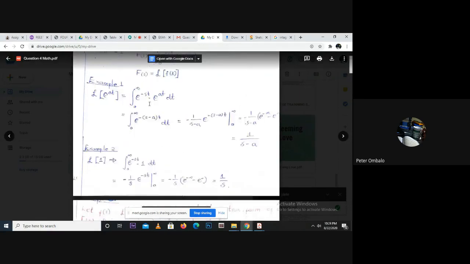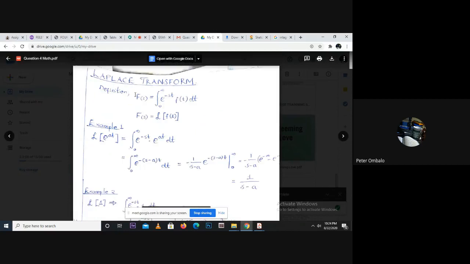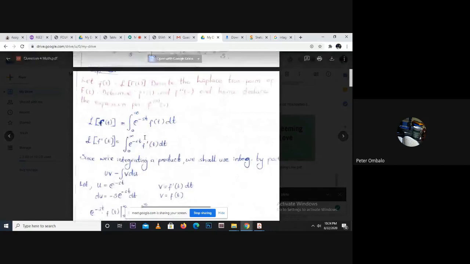Yeah. So these two examples are just to show us that we can get a Laplace transform of any function whatsoever, provided we plug it in our Laplace transform formula. So that's exactly what the first part of the question was asking, because we've been told we have f of s, and we want to find its Laplace transform.